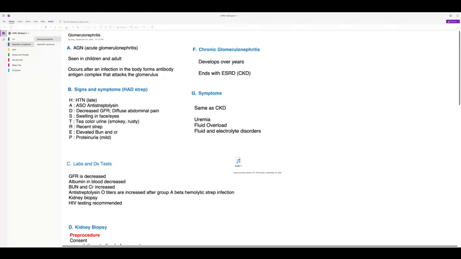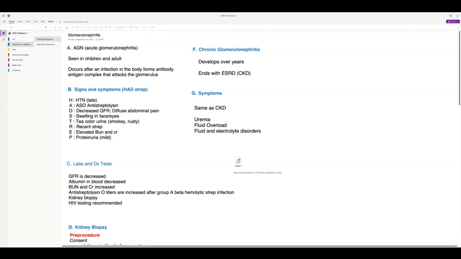Okay, so what happens is the glomerulus gets damaged and it starts letting blood, red blood cells and protein leak into the urine, which aren't usually there. That's what gives it the tea-colored urine, and you shouldn't have protein in your urine. And because they lose protein, they're going to have a low albumin, and that's why they get swelling in the face and eyes. Okay, so that's important to know.